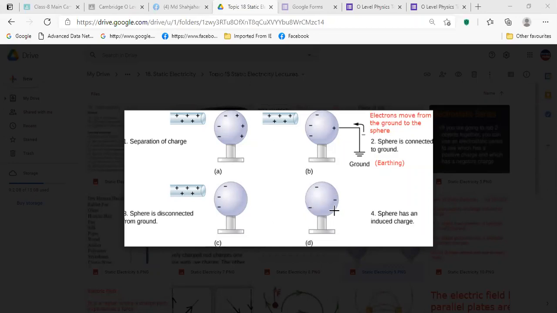So to make the sphere negatively charged, we are bringing a positively charged rod. Now my question is, if we are planning to make the sphere positively charged, then what we have to do?